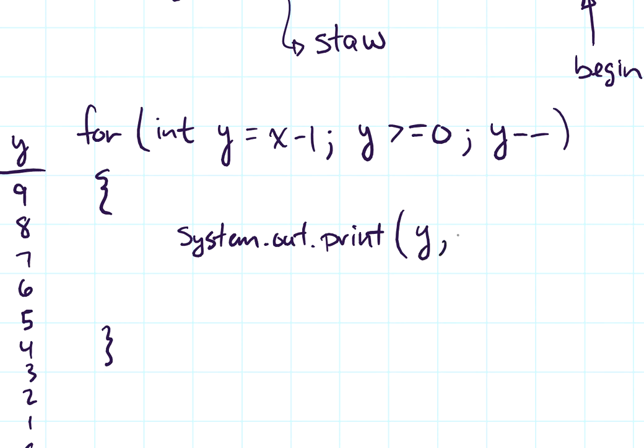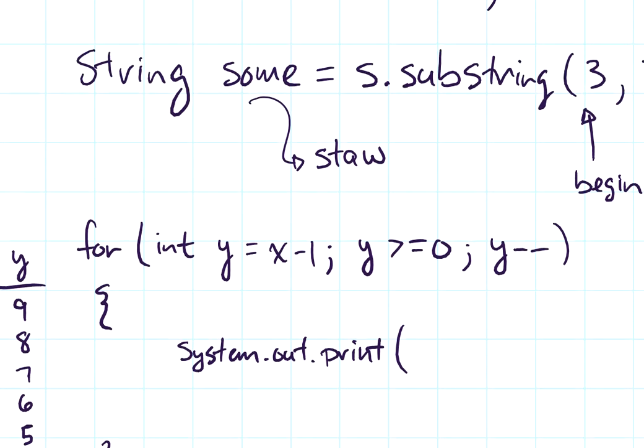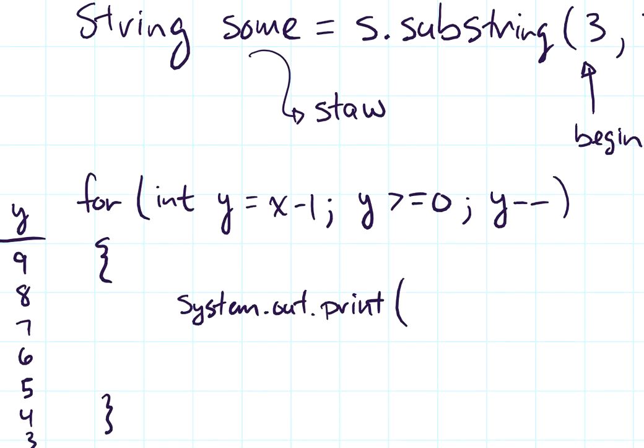I've just totally botched that, I'm sorry. I need a substring. That's going to be my argument for my substring. So my string is s, so I'm going to print s.substring from y to y plus 1.